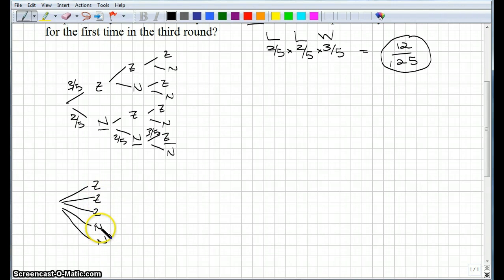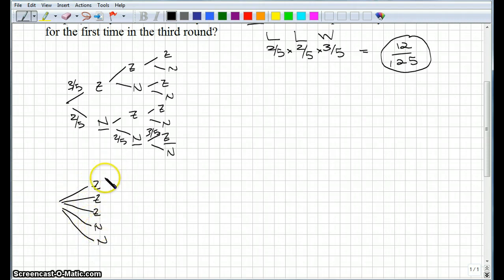So you can see here that we have 2 ways that Nick could win. Let's go ahead and just draw this tree down. This gets a little messy because we're formulating an equivalent problem. So instead of saying Zoe has a 3/5 chance of winning, we're saying Zoe has 3 ways to win out of 5, and Nick has 2 ways to win out of 5, and each of these ways is equally likely.